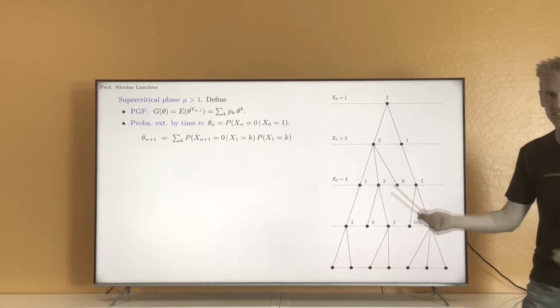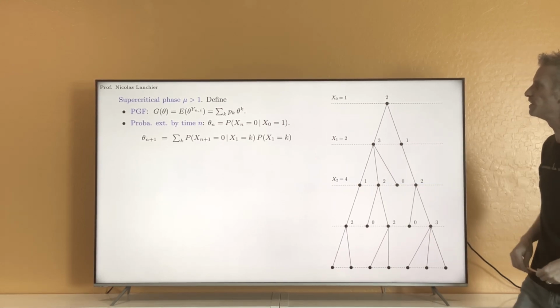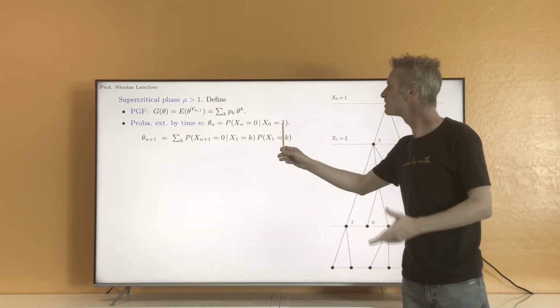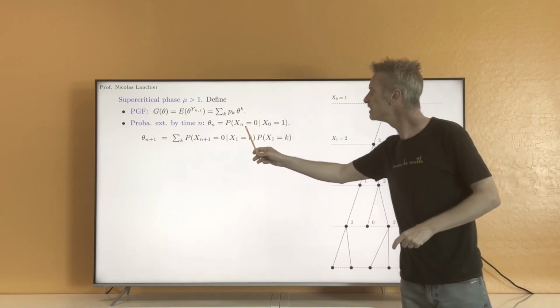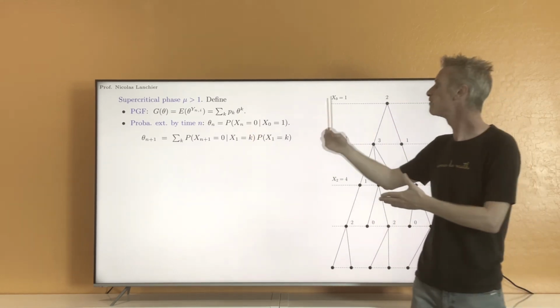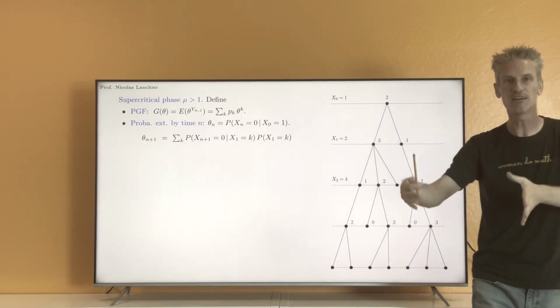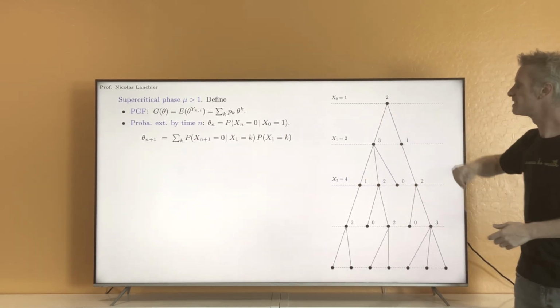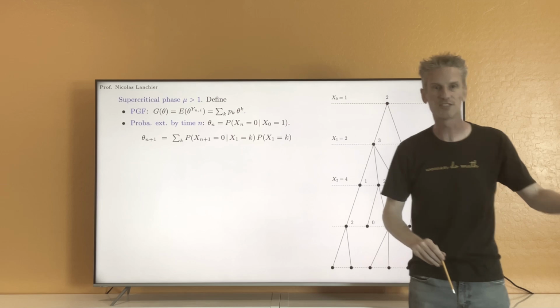They are identically distributed, so that's exactly the probability that you die out starting from 1 individual in n units of time, multiplied by itself 2 times here, or in general k times if you have k individuals.